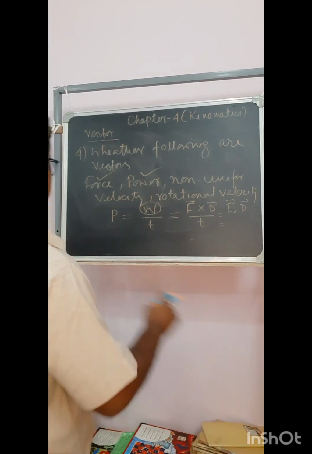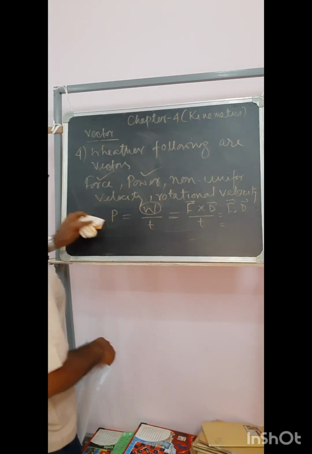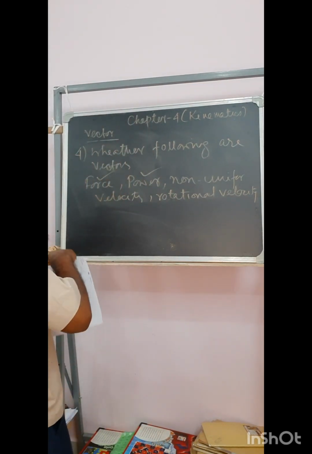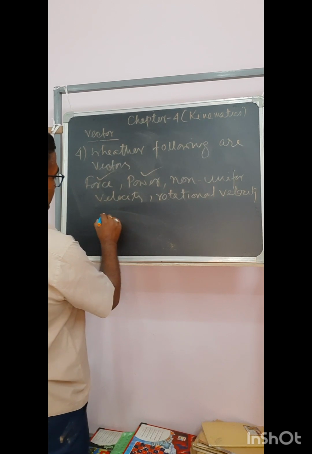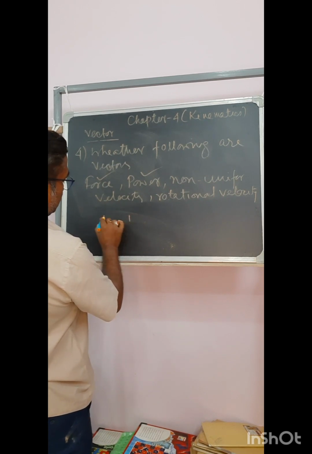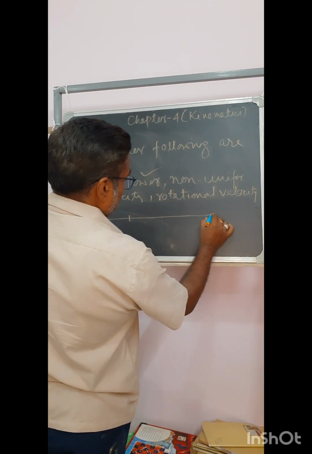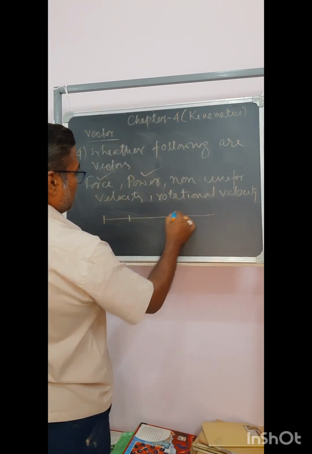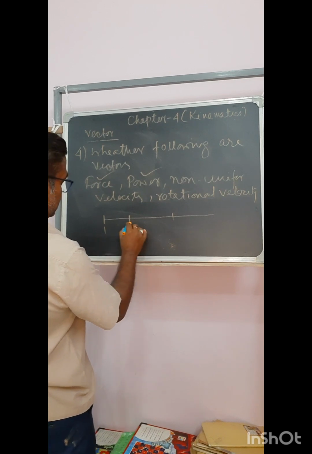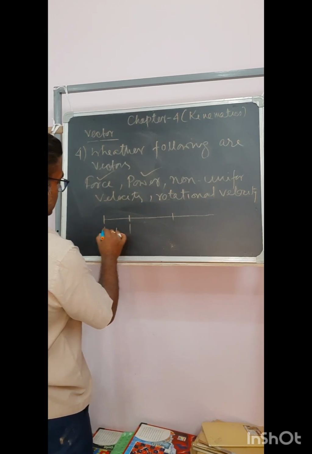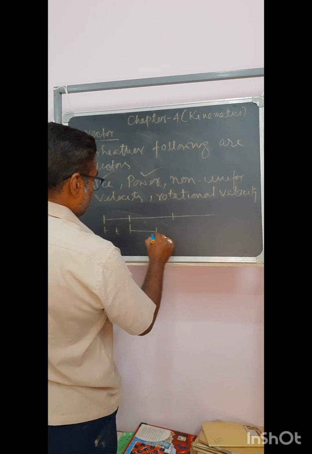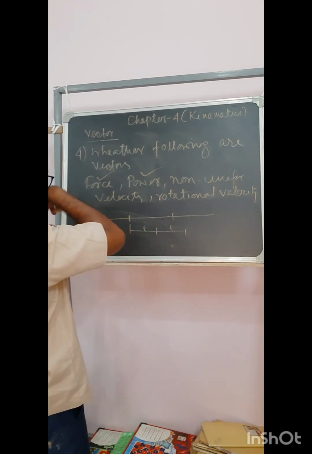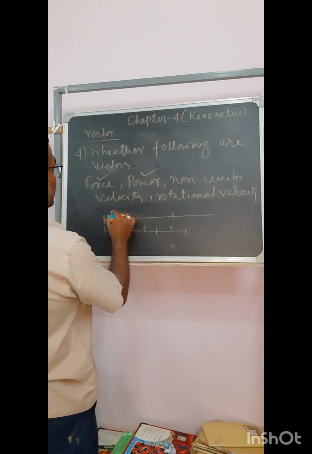Okay, non-uniform motion. So how will non-uniform velocity be produced? If the velocity is non-uniform, that means in a motion there is a different velocity in the same span of time. Let's say I am assuming there is a time lag of t every time, and during that time the velocity is constantly changing.